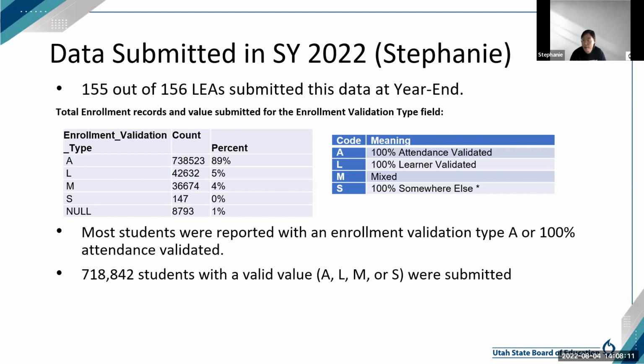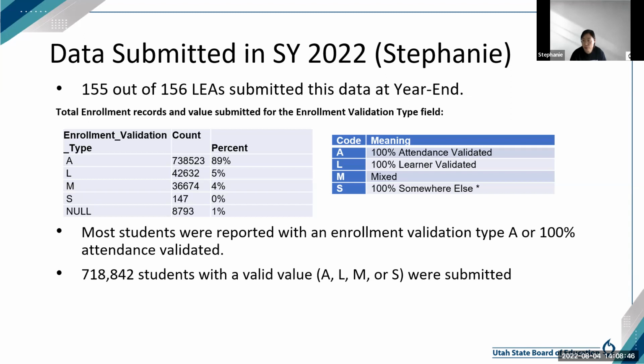This is the most popular one the LEAs submitted for their students. And there are some other codes you can see in this table, which is L representing 100% learner validated, M representing mixed, S representing 100% somewhere else. So here are some of the facts. There are a total of 718,000 students with a valid value for any of the codes submitted.